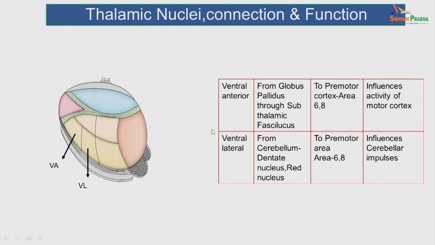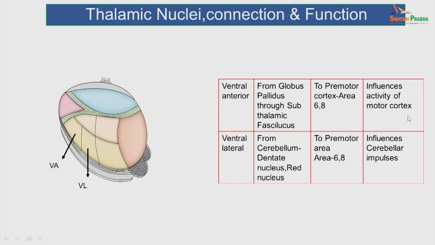Next, we have two nuclei, the ventral anterior and ventral lateral nuclei. The ventral anterior nucleus receives afferents from the globus pallidus, which is a part of the basal ganglia, through the subthalamic fasciculus, and the efferents go to the motor associated areas 6 and 8 on the cerebral cortex.